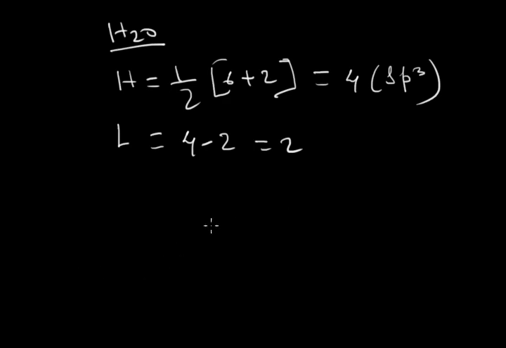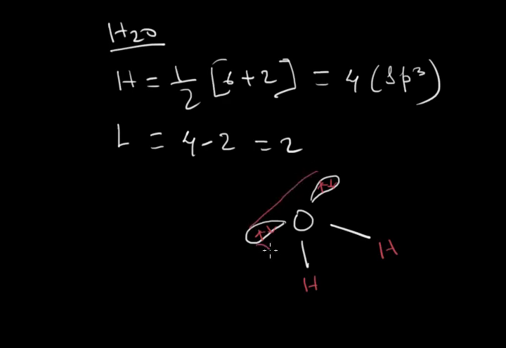Since there are 4 sp3 hybridized orbitals, they are directed along the 4 corners of a tetrahedral, 2 of which are occupied by lone pair electrons, and the shape of the molecule is bent or angular, because the other positions of the tetrahedral are not occupied by atoms, two of which are occupied by lone pair electrons.